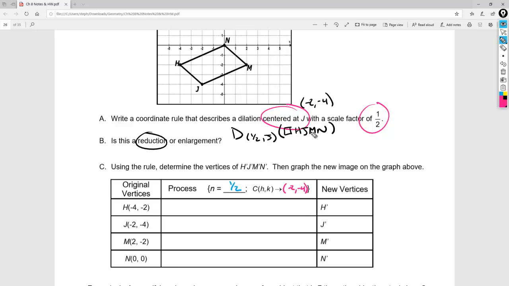Okay, so again, we're centered at point J, so that's what I'm writing as my center. Okay, just showing our work here. We have a little bit of a process, but it's not too bad, I promise.